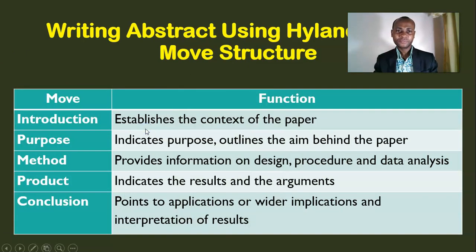Now we are going to look at the Hyland move structure of a research abstract. This is one of the things that really helped me way back in 2008. I learned about this when one of my colleagues asked me to help her publish her paper.